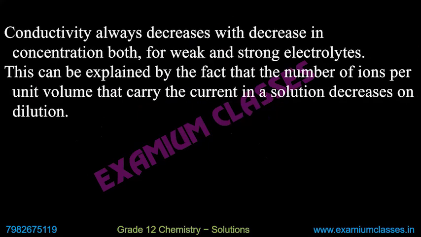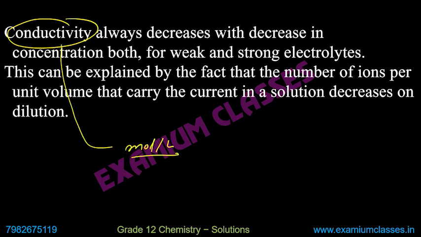So for conductivity, concentration here is mole per liter. It is related to conductivity in 1 liter only. But molar conductivity is the conductivity of 1 mole. Whether the volume is 1 liter, 10 liter, or 20 liter does not matter. Whatever volume has 1 mole, that we have to consider in the case of molar conductivity.